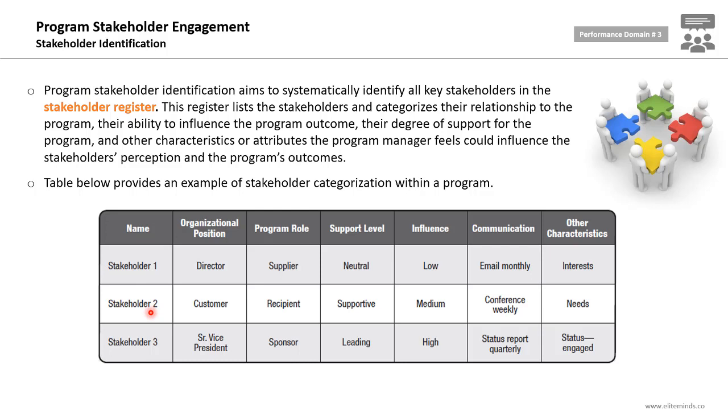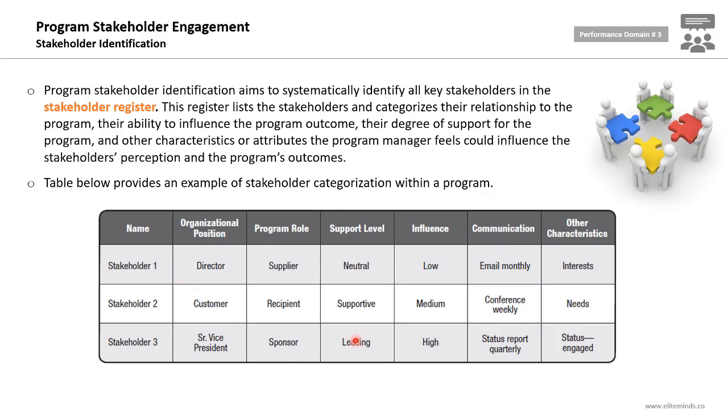Here is the name of the stakeholders, stakeholder 1, 2, and 3, the organizational position of each stakeholder, what is the role within the program, supplier or sponsor, what is the support level desired from this stakeholder, what is the level of influence, what is the communication method, and other characteristics as relevant.